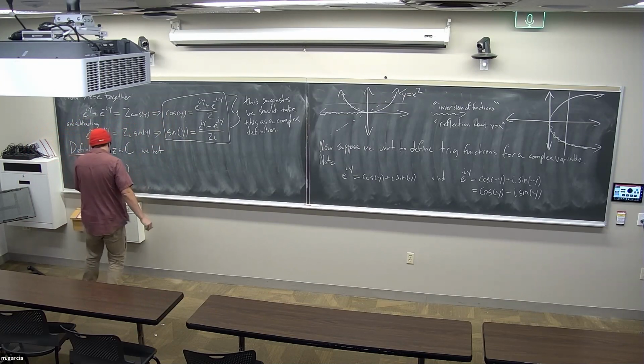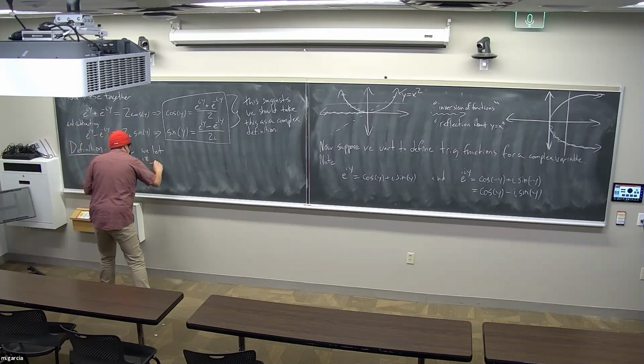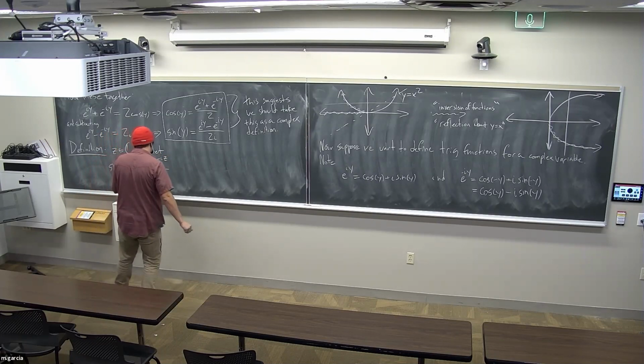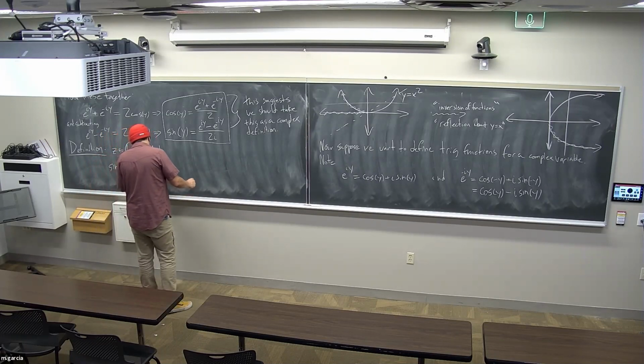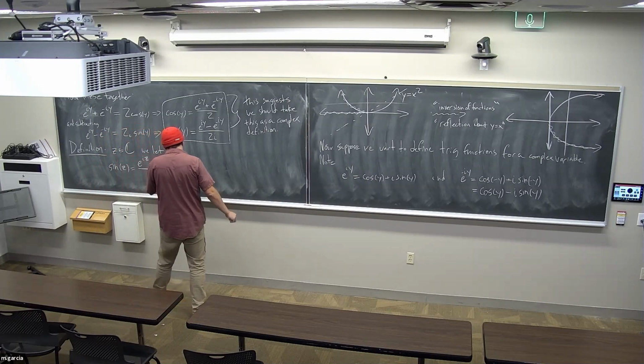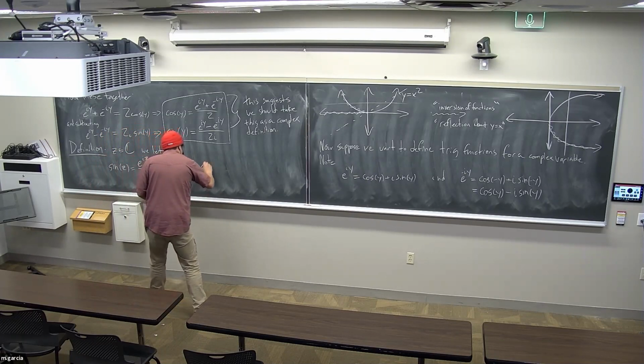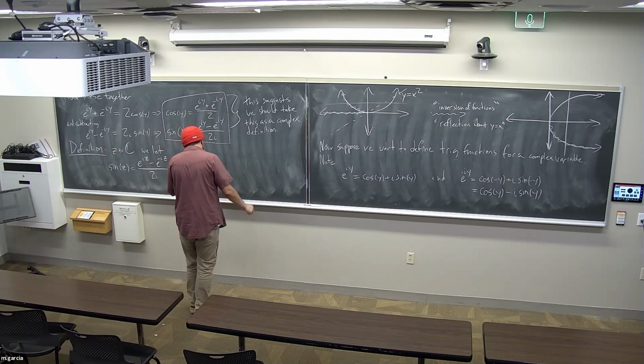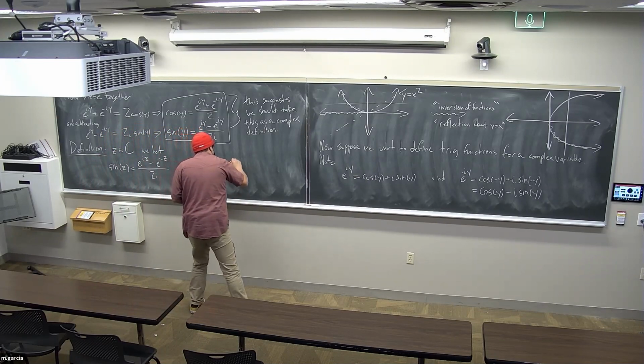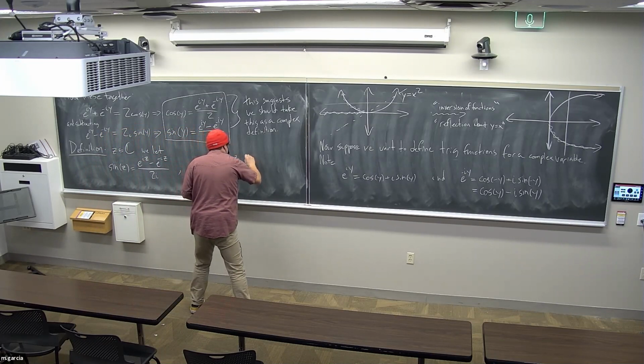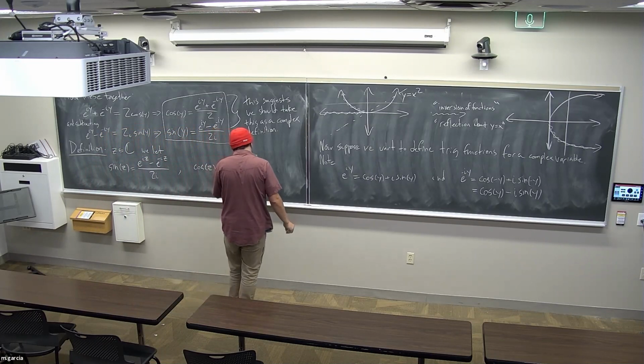Sine of z is equal to e to the iz minus e to the negative iz divided by 2i, and cosine of z is equal to e to the iz plus e to the negative iz divided by 2. Okay?